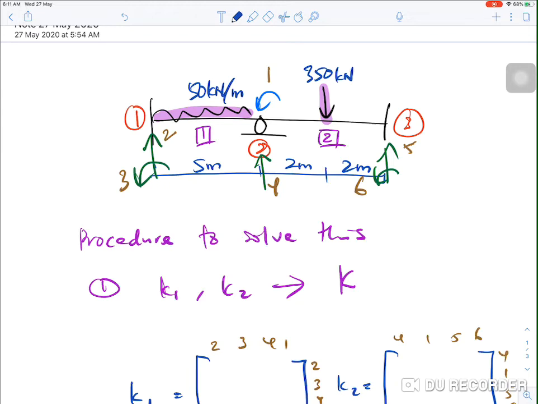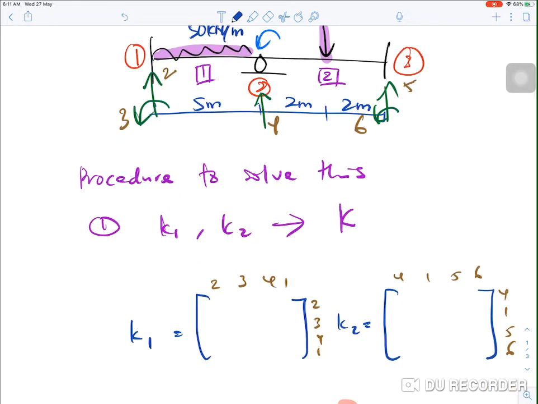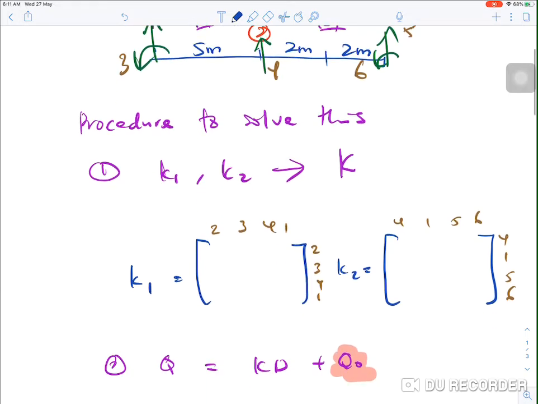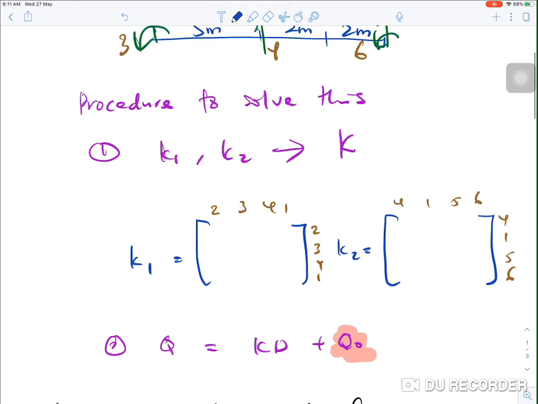Okay, so as usual, step number 1, we have to establish the element stiffness matrices and the structure stiffness matrix. I don't want to show this step here because I have shown you in a few previous examples. What is most important that I want to highlight is the position of the degree of freedom in the element stiffness matrices.